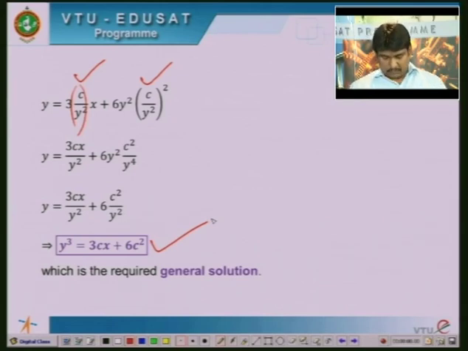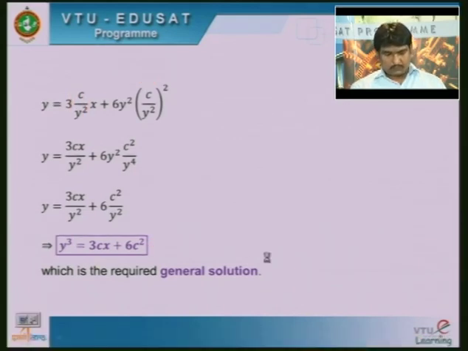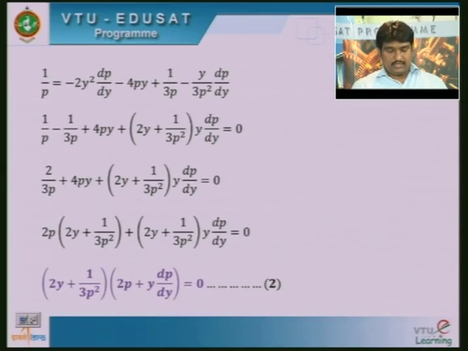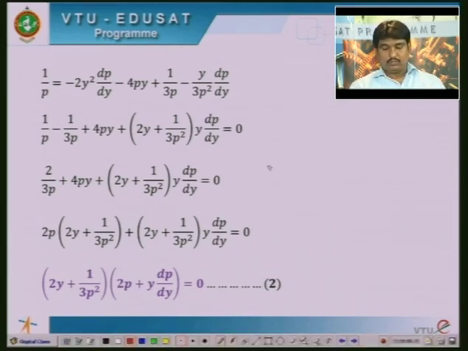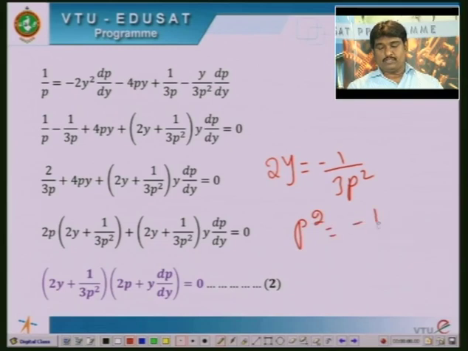What next? Well, of course, I have ignored one factor. You can see I have ignored the factor 2y plus 1 by 3p square equals 0. If you equate this to 0, you will get 2y equals minus 1 by 3p square, or p square equals minus 1 by 6y.